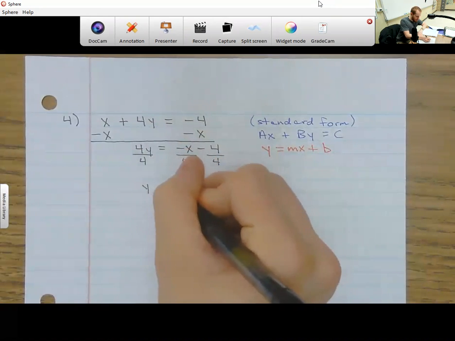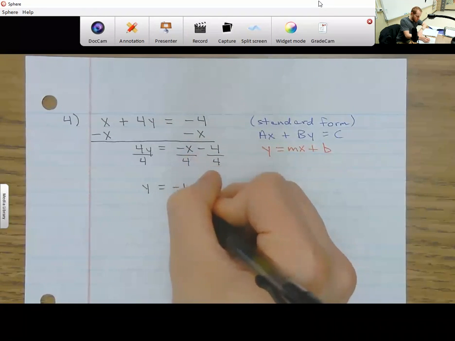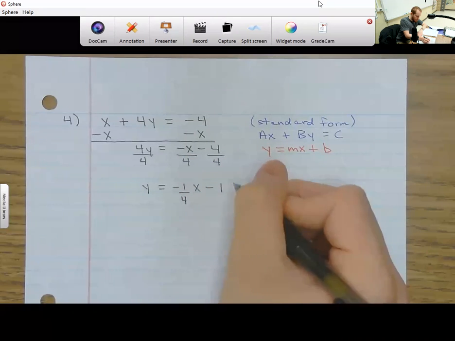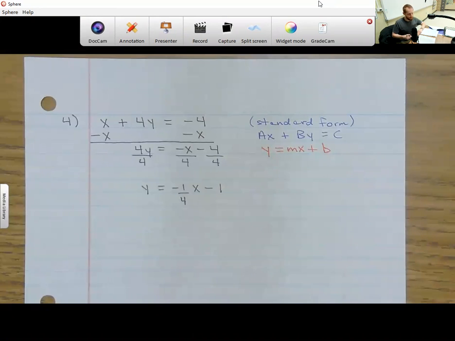Either way, you're going to get the same answer. Negative 1 over 4 times x minus 1, because I got that 4 divided by 4. So negative 1/4 x minus 1. That would be my slope-intercept form.